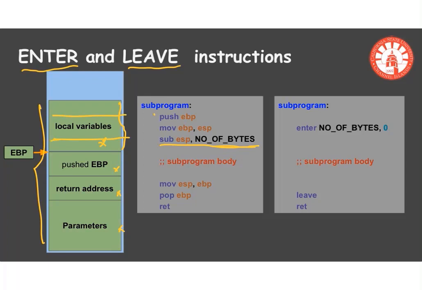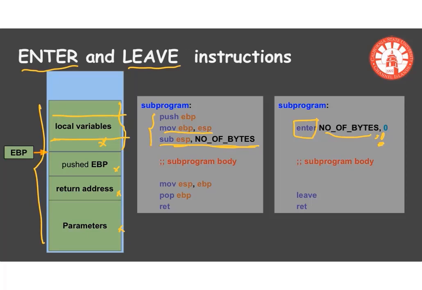So if you combine all these three instructions, push EBP, move ESP to EBP, and sub number of bytes from ESP, then you get the enter command. Basically you get enter number of bytes, comma 0. For now you are going to accept the value 0 in here.